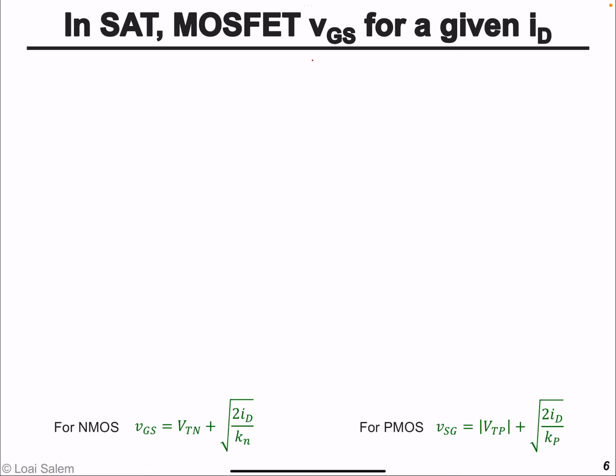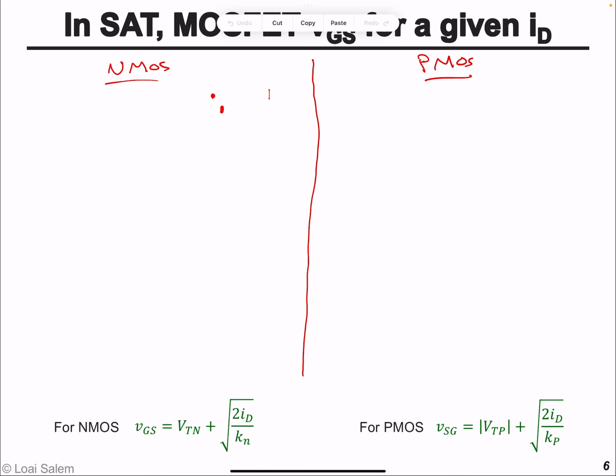Let's see how to express the VGS across a transistor in terms of the current flowing into the transistor. Let's see the solution for the NMOS case and for the PMOS case. For the NMOS case, let's assume this is the NMOS transistor that we have. This is the source terminal.